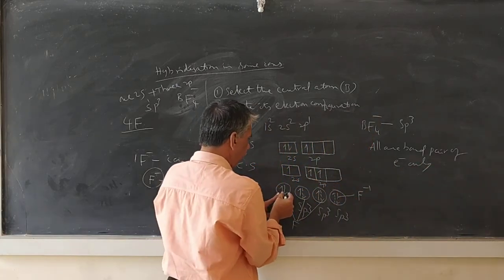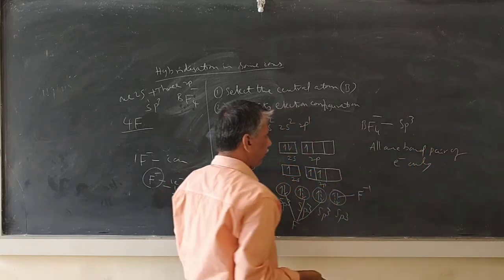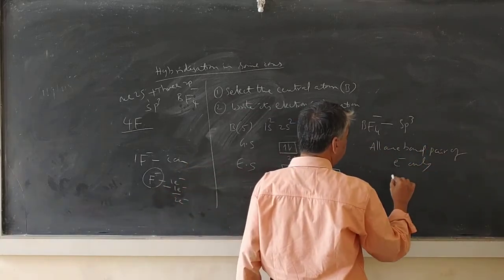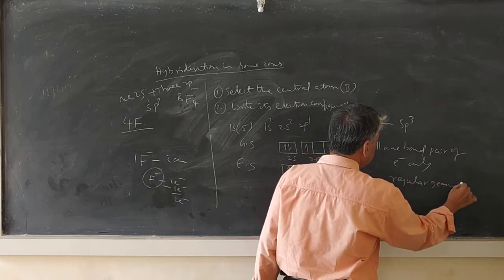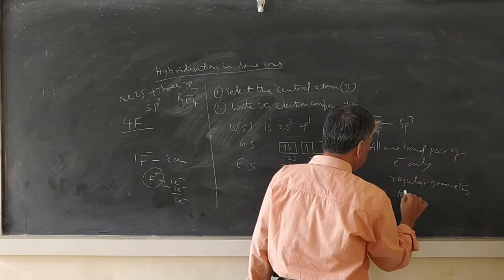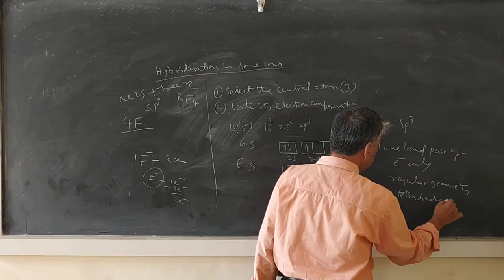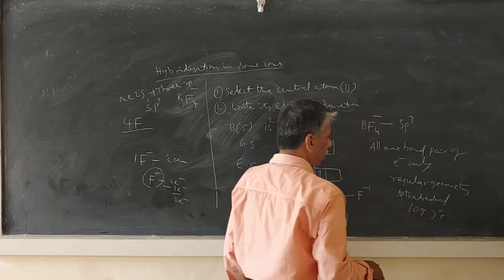This is one pair, and one pair. Since all are one pair of electrons, the molecule has a regular geometry, which in this case is tetrahedral.